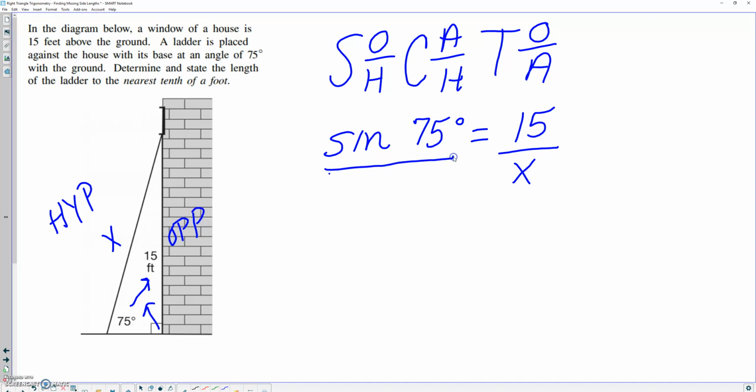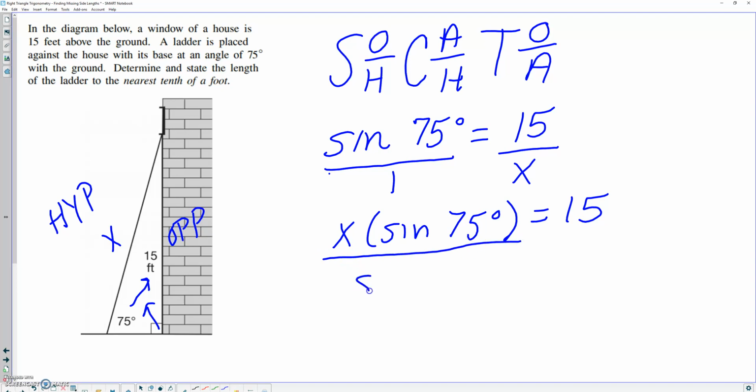Okay, so again, we're going to put this over 1 and then cross multiply. So we get x times sine of 75 degrees equals 15. So to get x by itself, we divide by sine of 75.